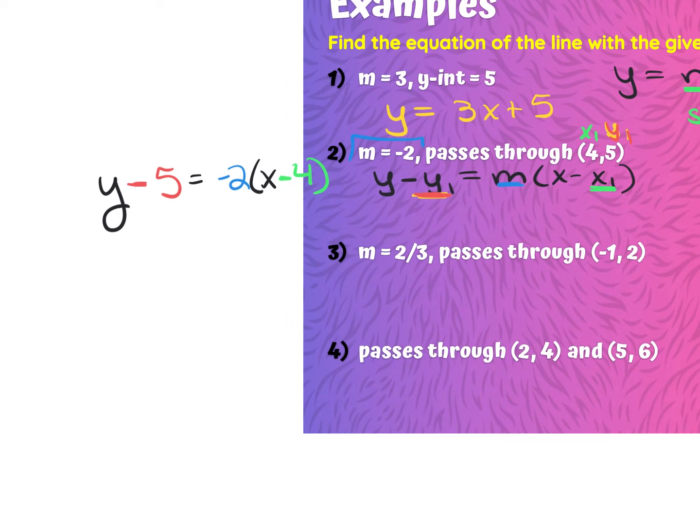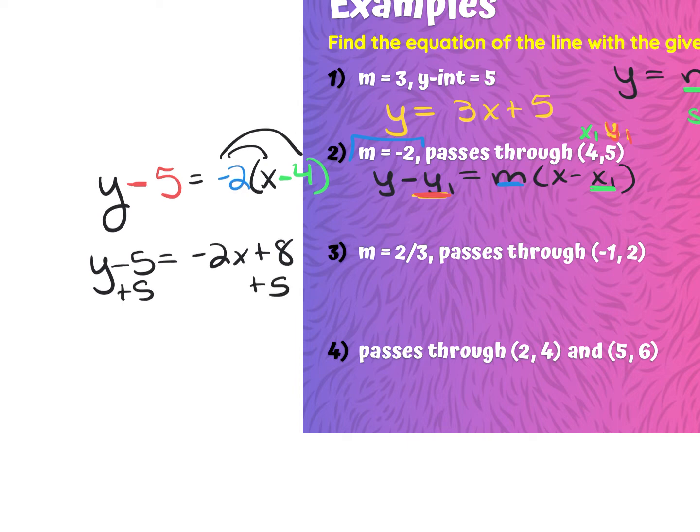Now I'm going to distribute, because all answers need to be in slope-intercept. Distribute the negative 2. So y minus 5 stays for right now, negative 2x plus 8. Negative 2 times negative 4 is positive 8. Then move the 5, and I get y equals negative 2x plus 13. This is slope-intercept given the slope and an ordered pair.